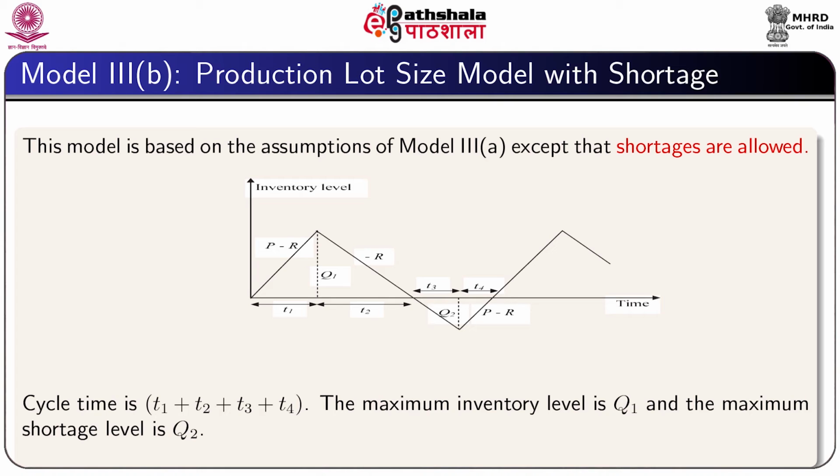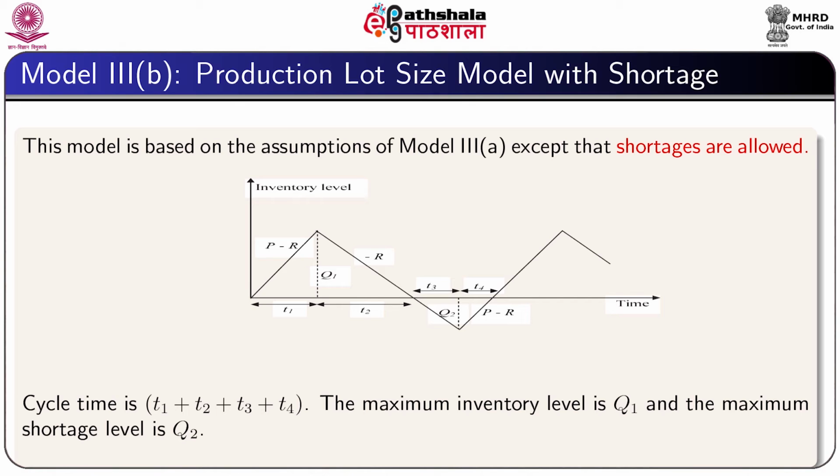So, after the time period t1 plus t2, the inventory level comes down to 0 and then shortages begin to occur. The shortage will continue until time period t3, where the maximum shortage level is Q2, and at this point the production again starts and ultimately the shortage level will come to 0.